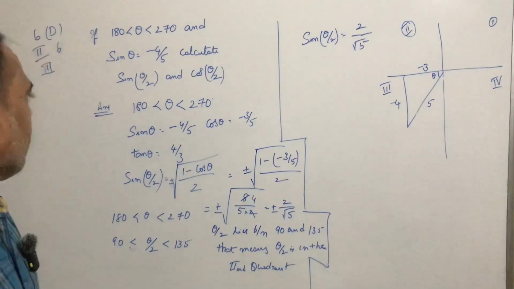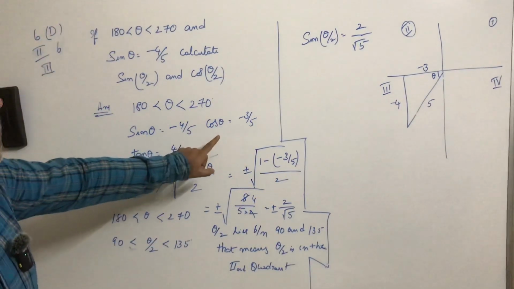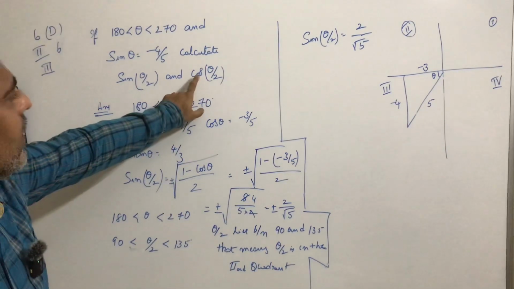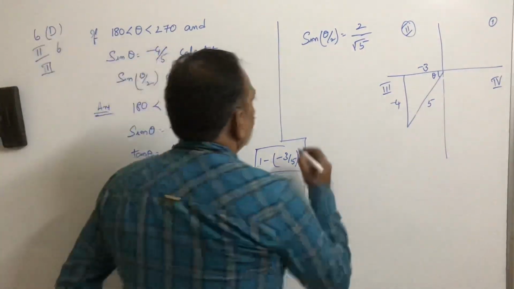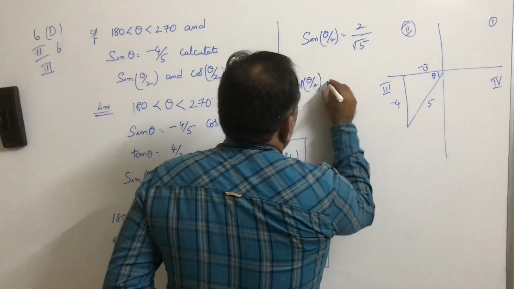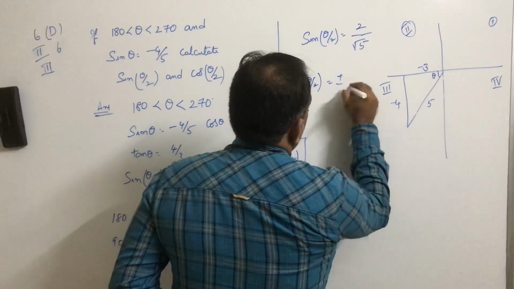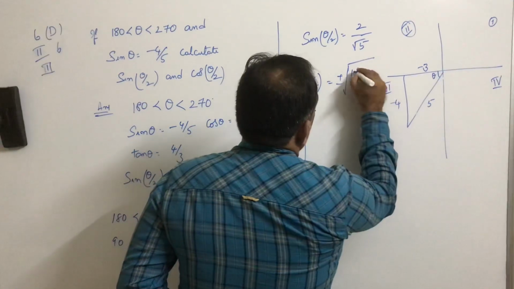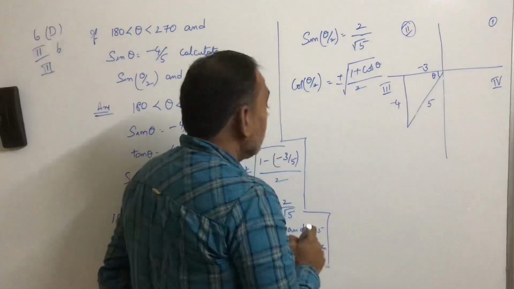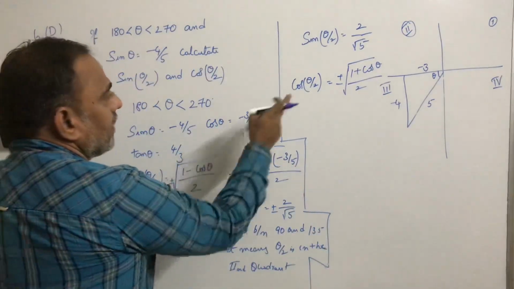Now next, we need to calculate the value of cos theta by 2 also. Cos theta by 2 equals plus or minus square root of (1 plus cos theta) by 2. We know the value of cos theta, just substitute.